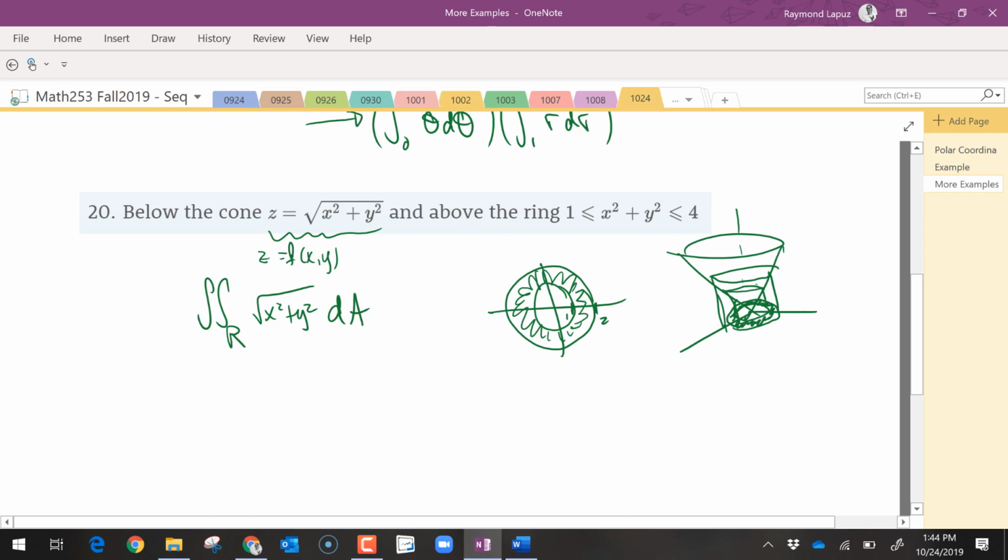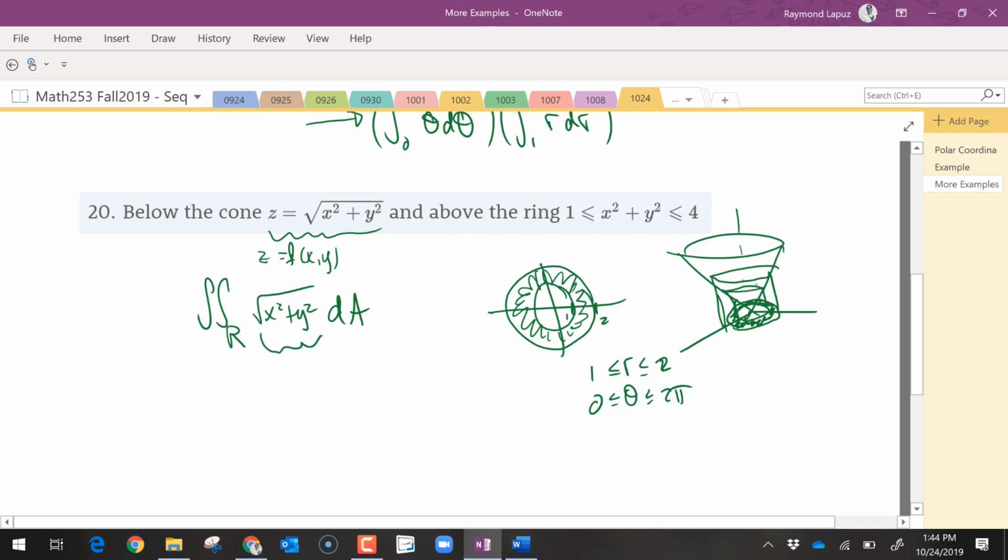Okay? So our r and theta are what? R goes from 1 to 2 again. Theta goes from all the way around, 2 pi. And we have an x squared plus y squared under a square root. What is that?